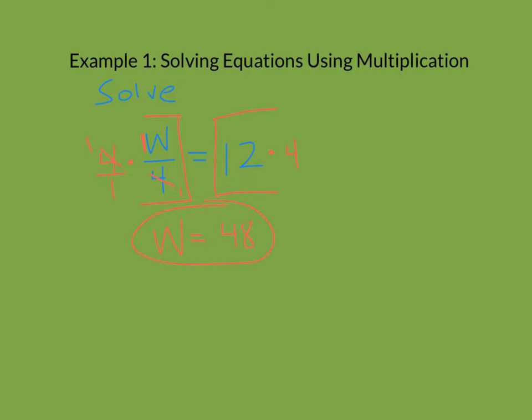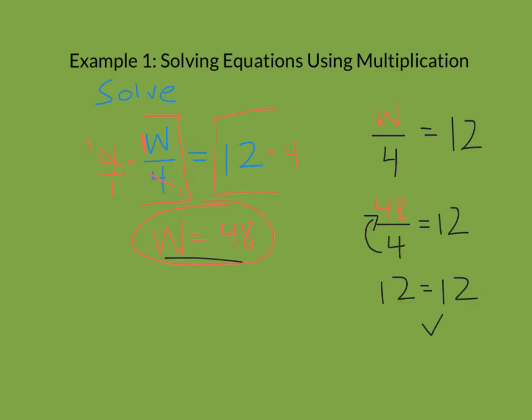And then you have to do a check, just like we've done before. So I've got W over 4 equals 12. Now I'm going to plug in 48 over 4 equals 12, because that's what I said W equaled. 4 goes into 48, 12 full times, and it equals 12, and that's my check.